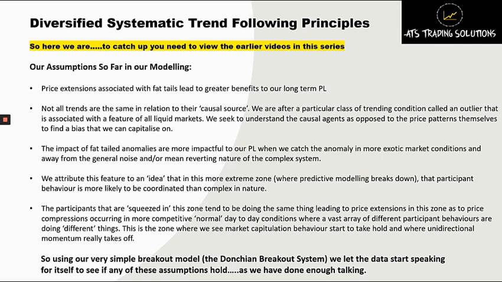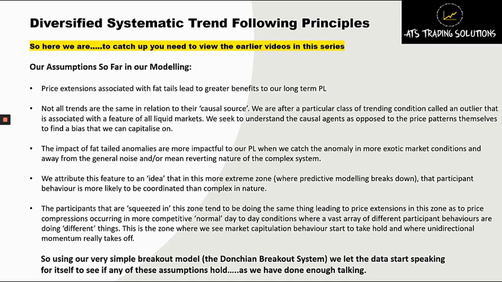So back to our hypothesis. We suggest that the impact of catching outliers using a breakout method is a more impactful result to our overall P&L when we catch those anomalies in those more exotic market conditions away from the general noise and or mean reverting nature of a system. Yes, anomalies germinate from within normal market conditions, but their impact is suppressed by noise.